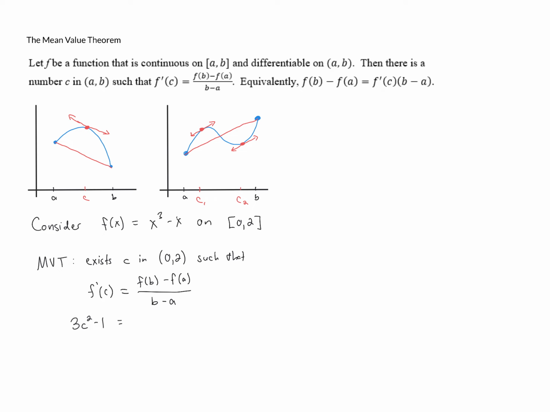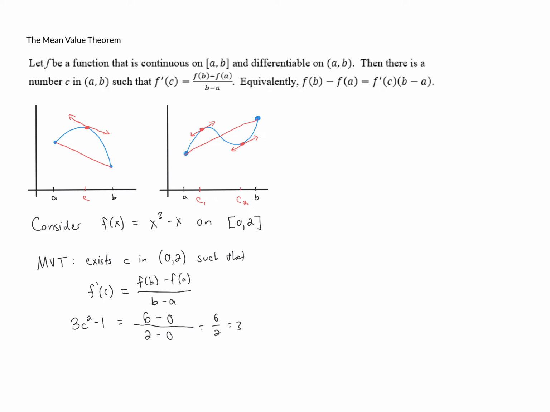And that is going to equal f of b, while our function, x cubed minus x, if we want to evaluate that at b, which is 2, that's going to be 2 cubed minus 2, so that's 8 minus 2, which is 6, minus the function value at 0 is just going to be 0. And then that's all over 2 minus 0. So that's the same as 6 over 2, which is 3.